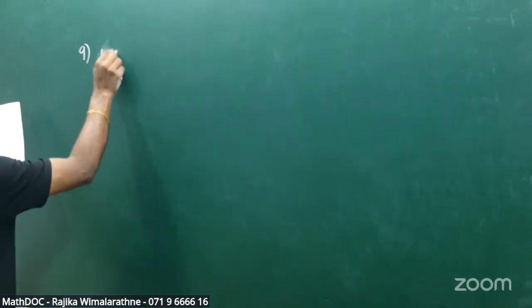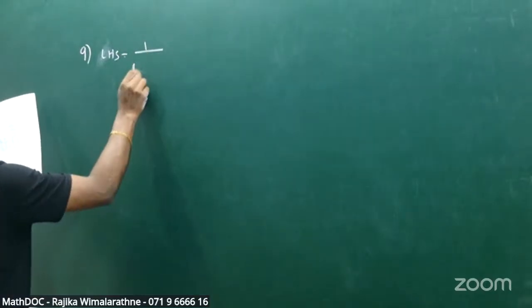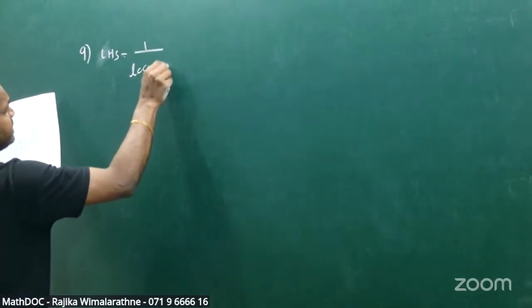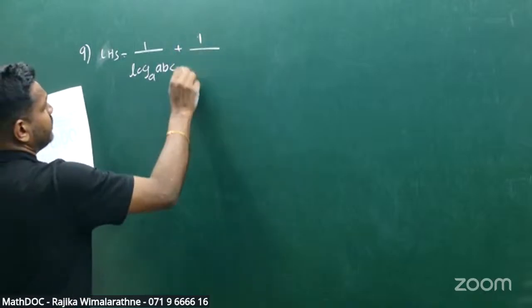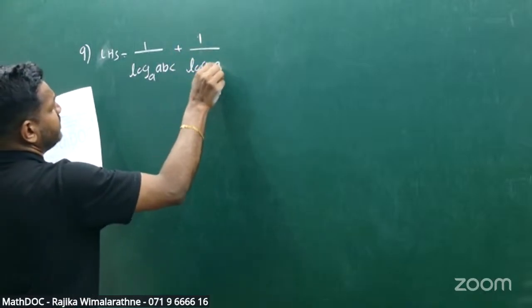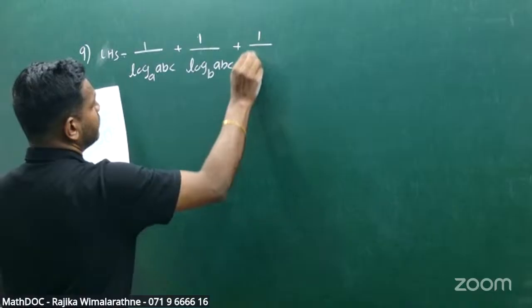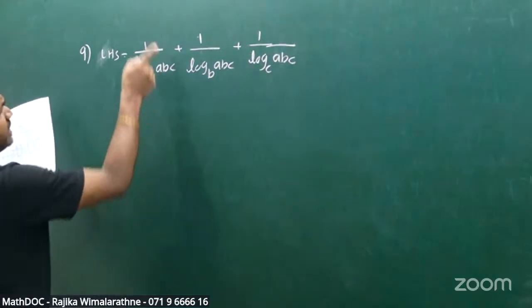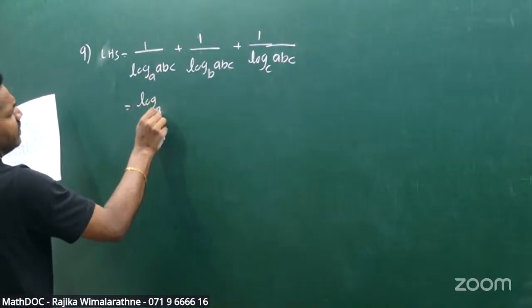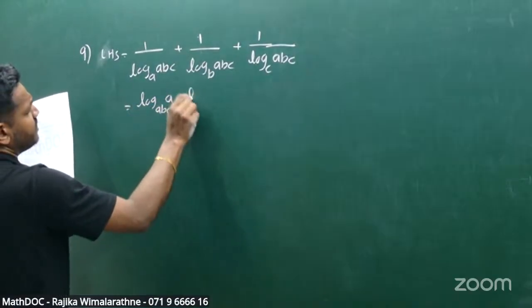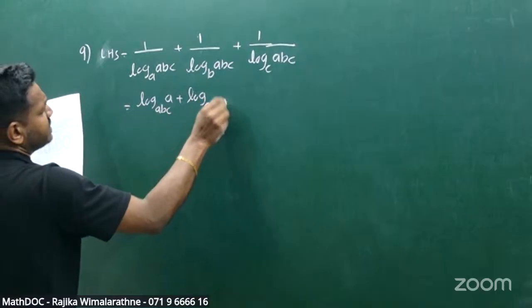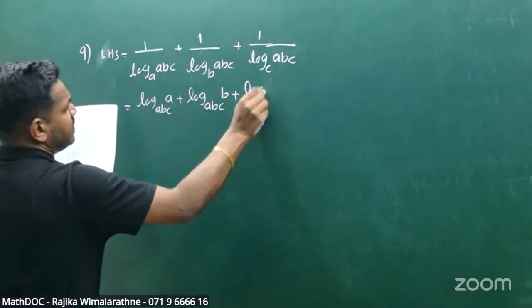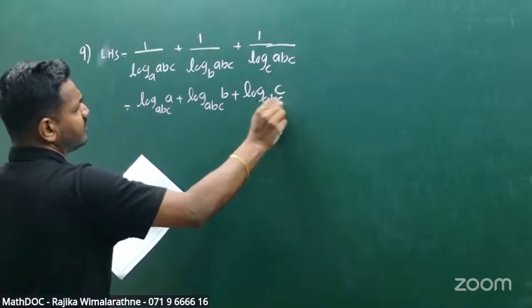Take the left hand side: 1 over log a base abc, 1 over log b base abc, 1 over log c base abc. Then take them upstairs: log abc base a, log abc base b, log abc base c.